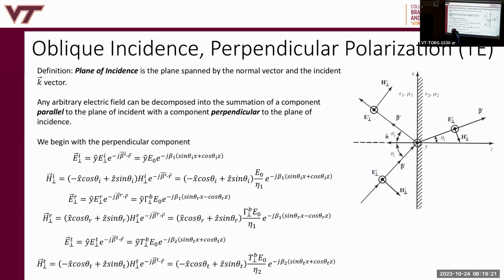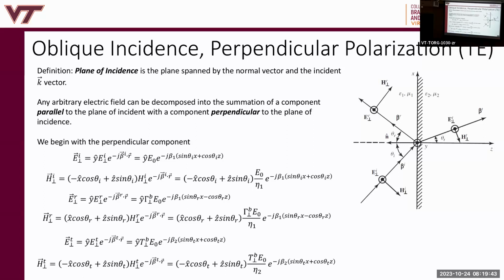So we break our electric field into these two cases, and we solve for the reflection and transmission coefficients for these two cases separately. We apply those coefficients to the components separately, and then we reassemble the electric field after for the two cases, all right?